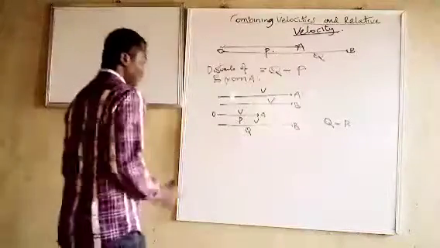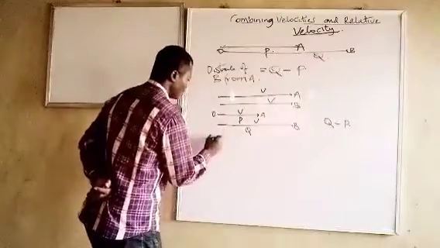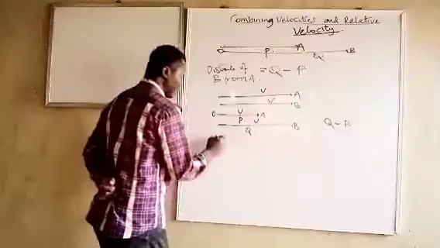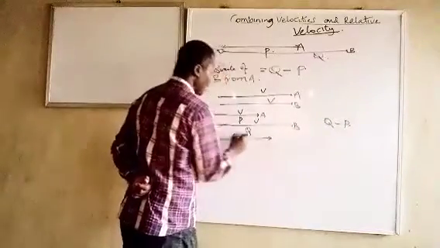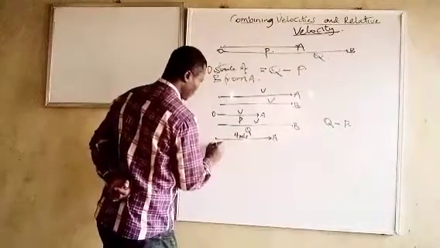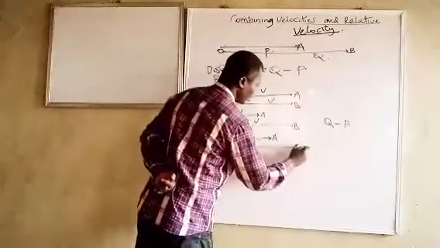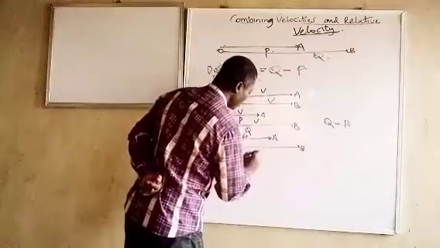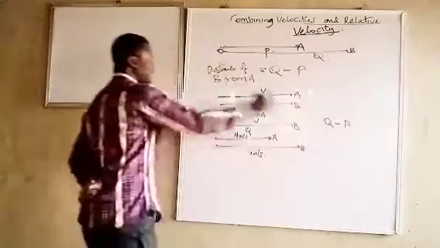Now let's look at another one. If I like to use a figure now, let's say A is moving with 4 meters per second. B moves with 7 meters per second, and they are moving in the same direction.